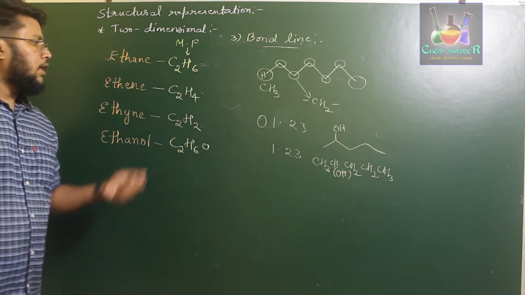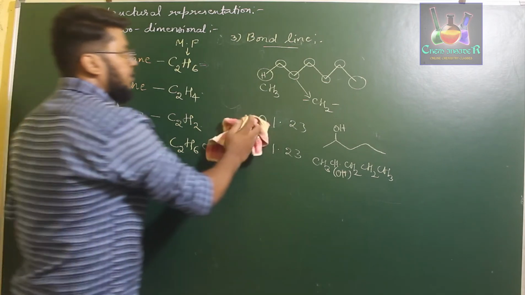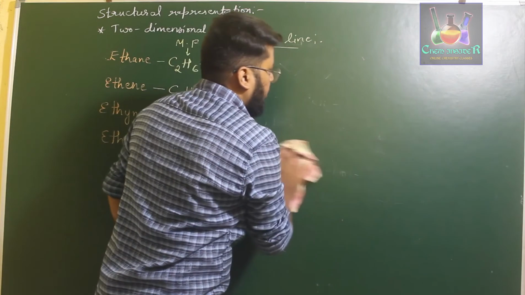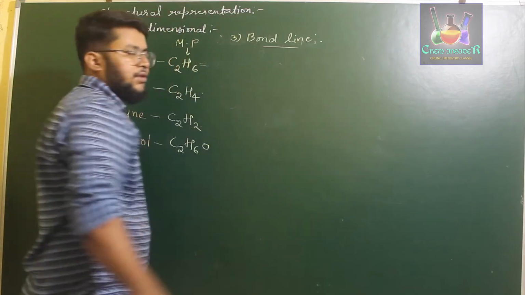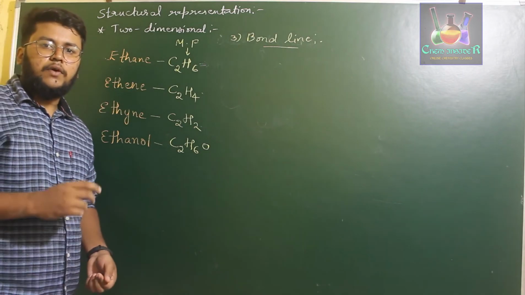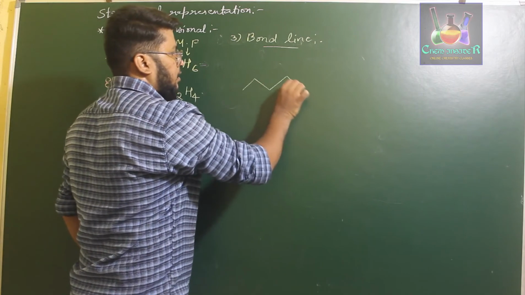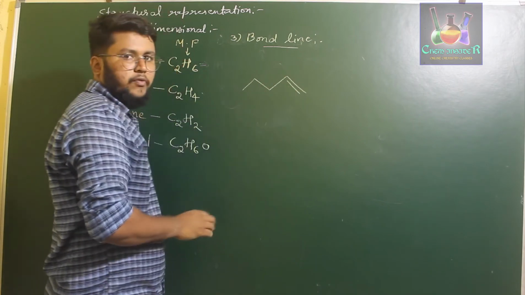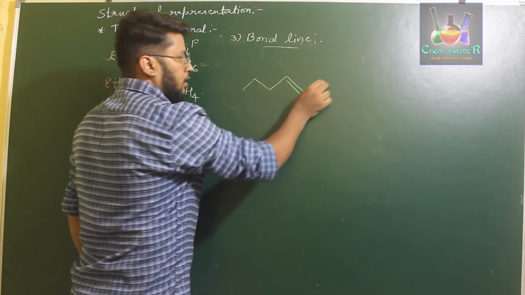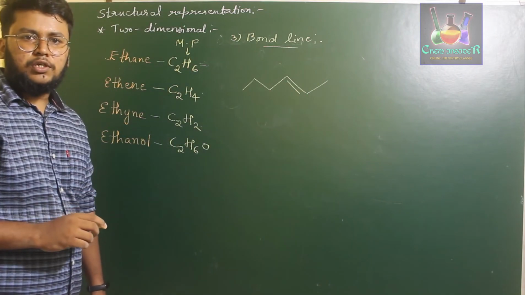Okay, so let us write down the bond line representations for these four molecules. And one more point you have to remember is, if you are considering compounds which have a double bond or triple bond: double bond compounds can be written in the zigzag form itself, where we denote the double bond over the certain carbon atoms.